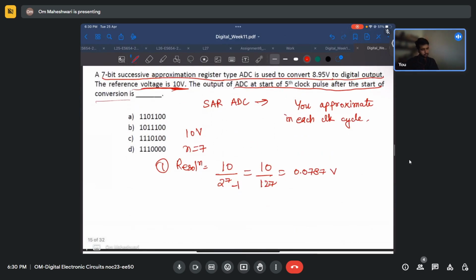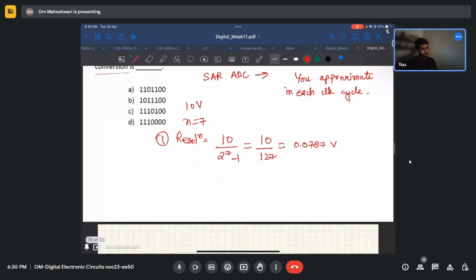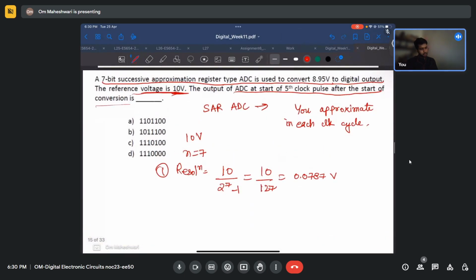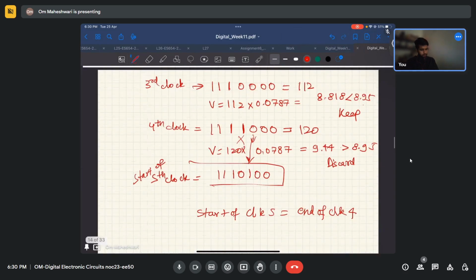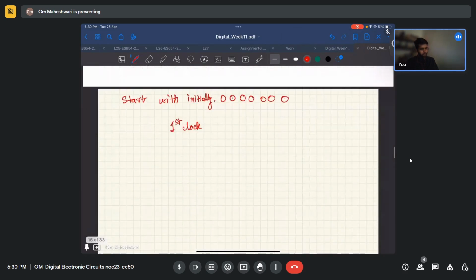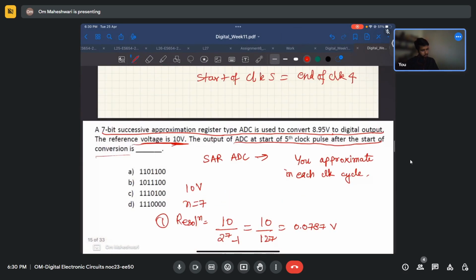Next, it is a 7-bit ADC, and it will start with all 7 bits as 0. If this is MSB, this is LSB, what you have to find is you have to convert 8.95.